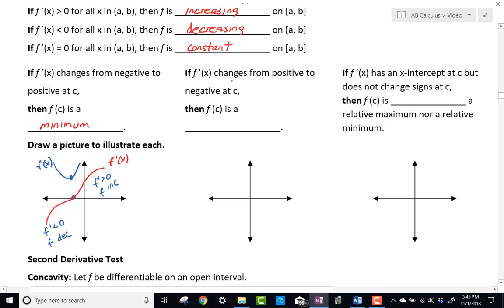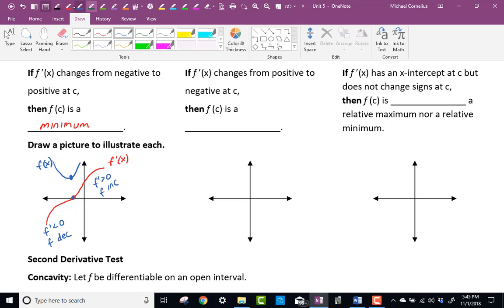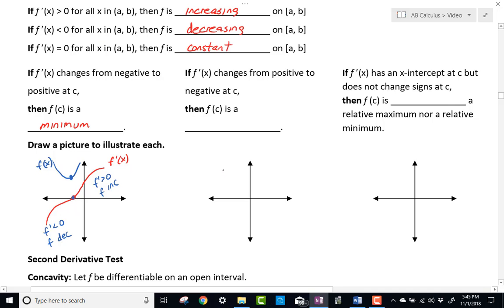Likewise, if f prime changes from positive to negative. So I'm going to actually draw the picture of this one first. So f prime is going from positive, and we'll just say to negative, maybe like that. So here's my point. Okay, again, this is f prime of x. So what that tells me is that because f prime is greater than 0, that means that f is increasing.